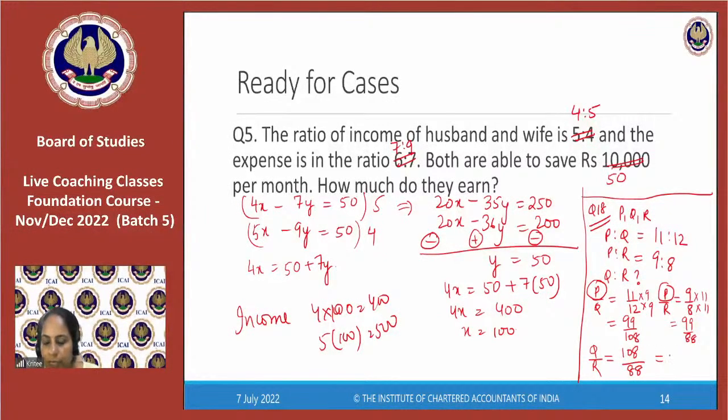Just simplify this. 4 22s are 88 and 4 27s are 108. 27:22 is your answer, part B. Yes, you can use calculators.